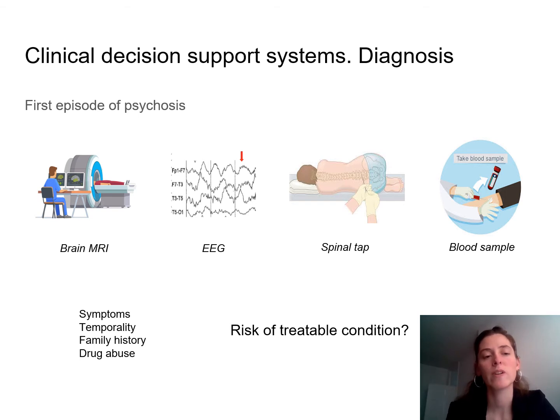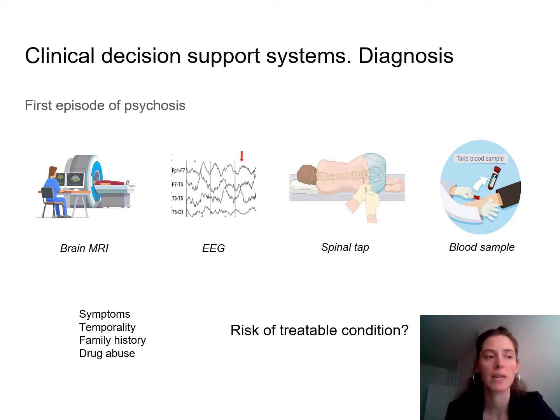And not only to reveal the unknown, but they can serve as clinical decision support systems in front of diagnostic problems. And this is an example. Patients presented with psychosis for the first time, many of them will develop a chronic psychiatric illness like schizophrenia, but a small proportion of them will have a treatable condition.